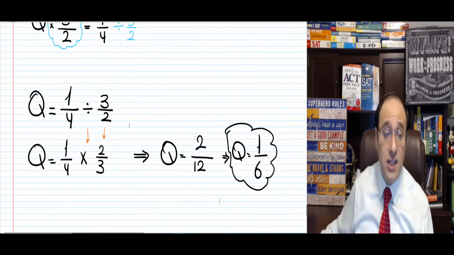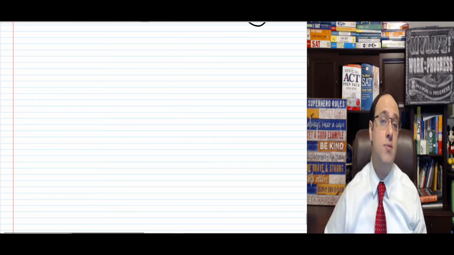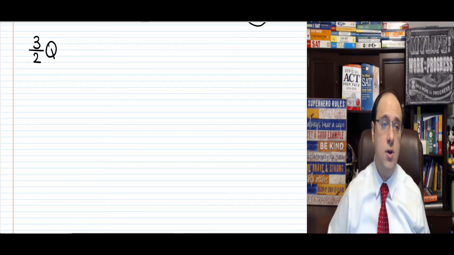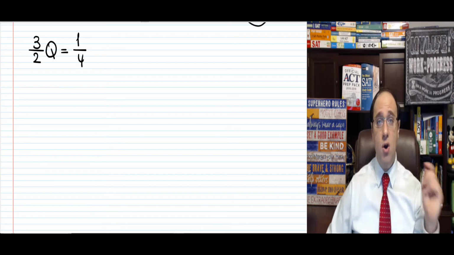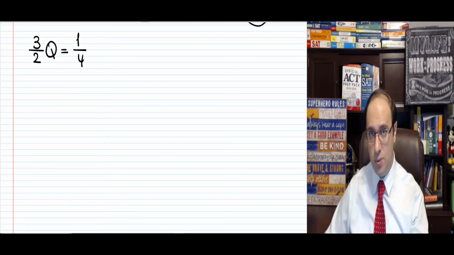Now, let's do the same question, but instead of q times 3 over 2, I will call it 3 over 2q equals 1 over 4. Now, remember like we did before, 3 over 2q means 3 over 2 times q.